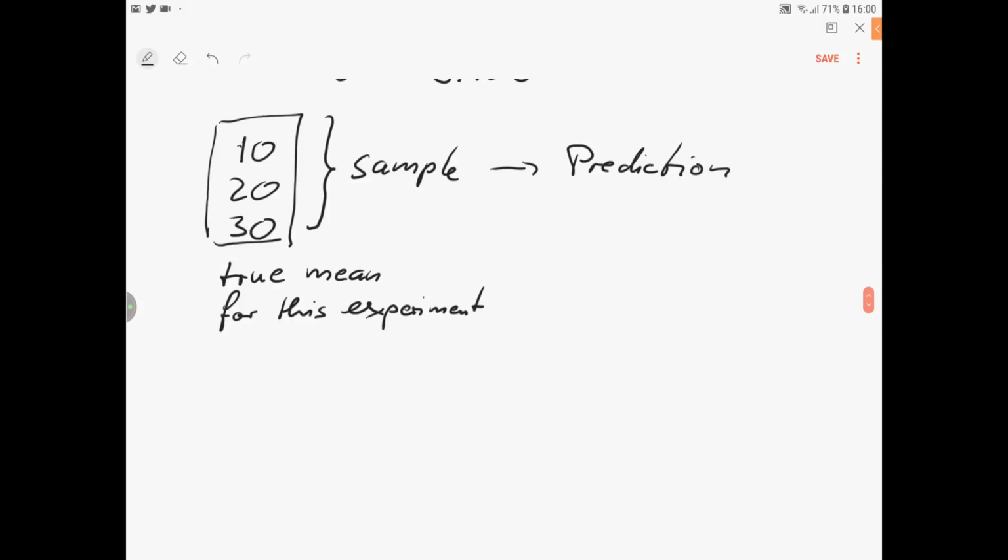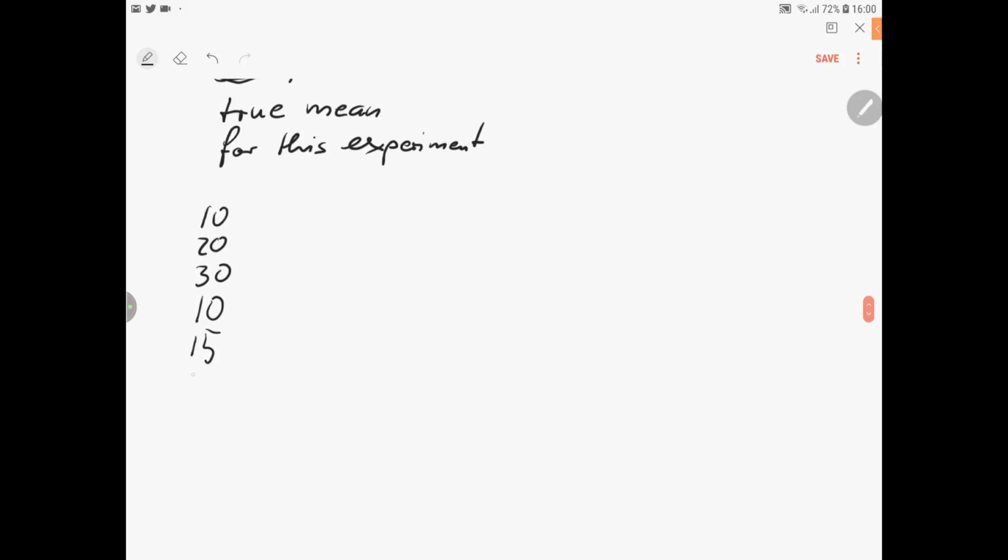What we can do is we just simply take these 3 data points and say, well, next time we might not have 10, 20, 30. We do an additional one. Let's say we do another 10, or we get 15, or we get 25, or something like that. So these are all the experiments that we potentially could do. We could do 1,000,000 experiments.